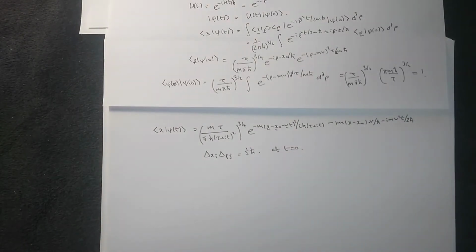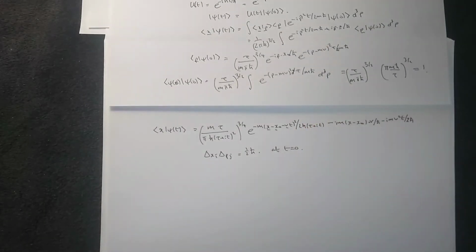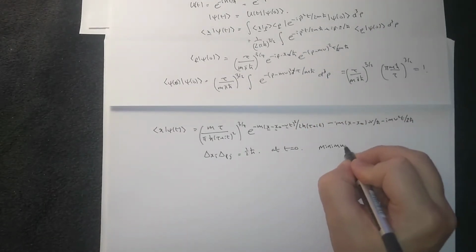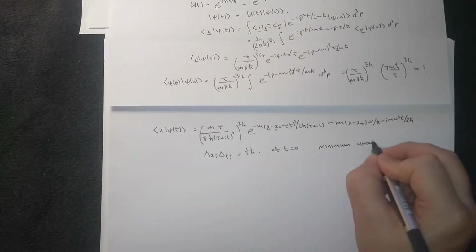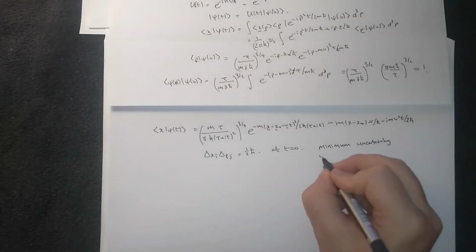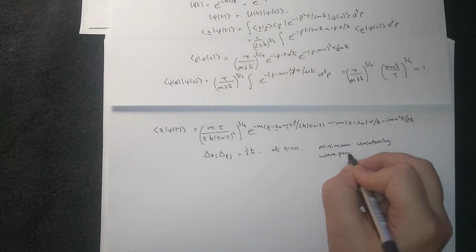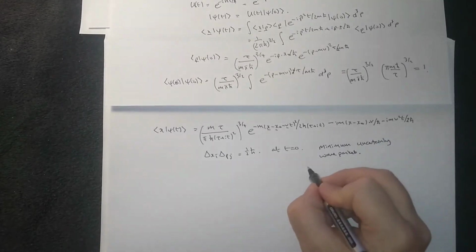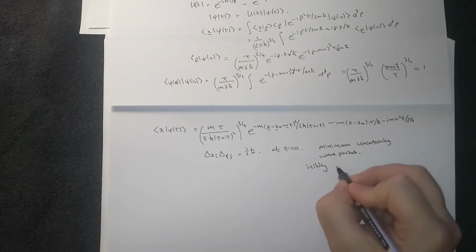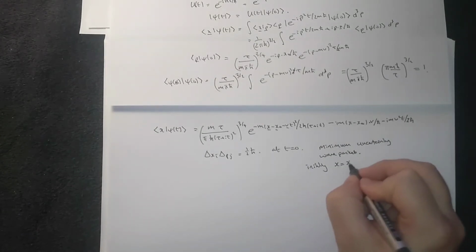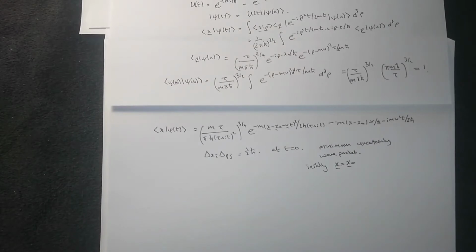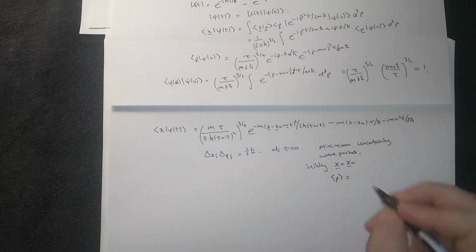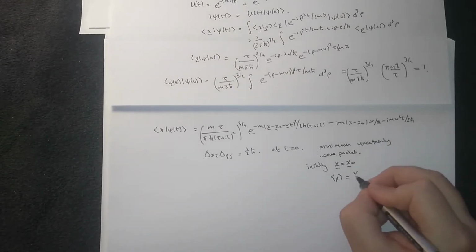It's a simple calculation best done in momentum space, and so it's a minimum uncertainty wave packet. And as I say, initially the Gaussian is centered at x equals x naught, and for all time the expectation of the momentum is v over m.